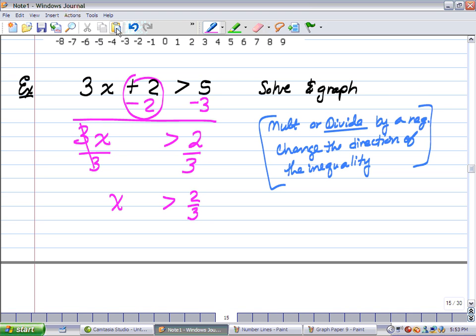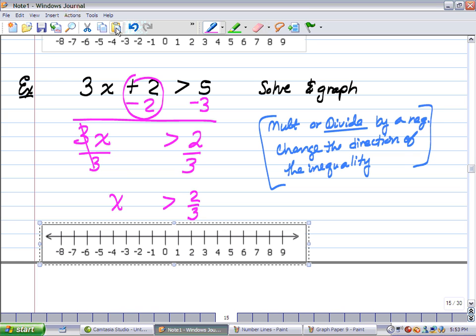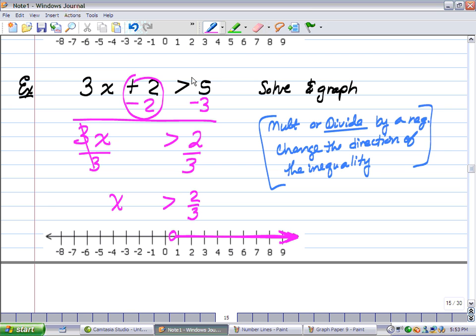Okay, let's graph it. To graph it, where's 2/3 at? 2/3 is between 0 and 1. It's not included, so I'm just going to make a big circle. Make sure I hit it. And I want everything that's greater than in this direction.